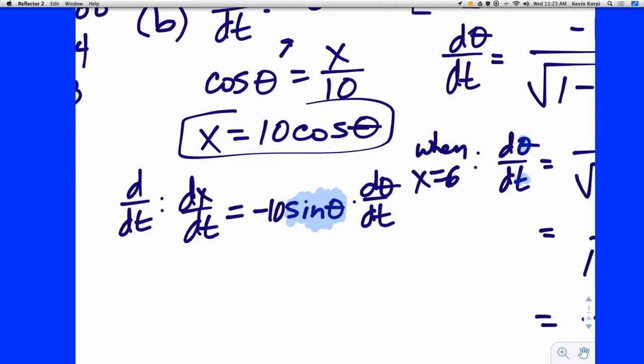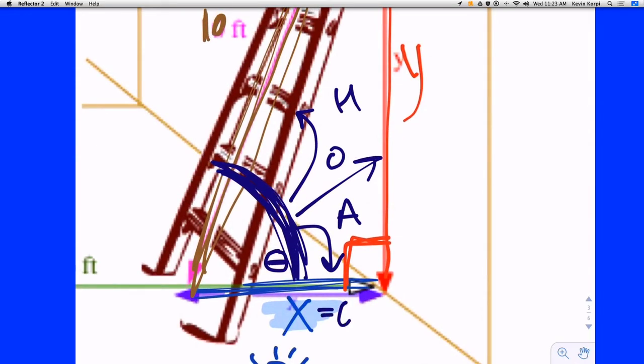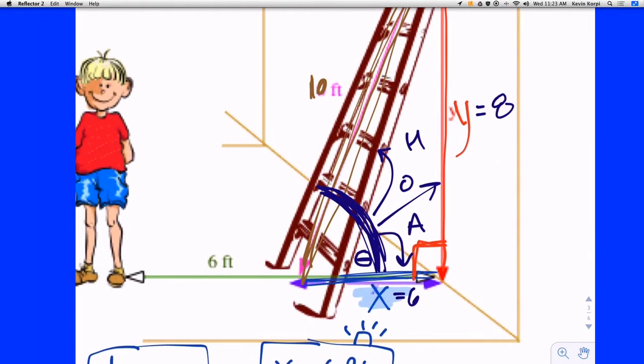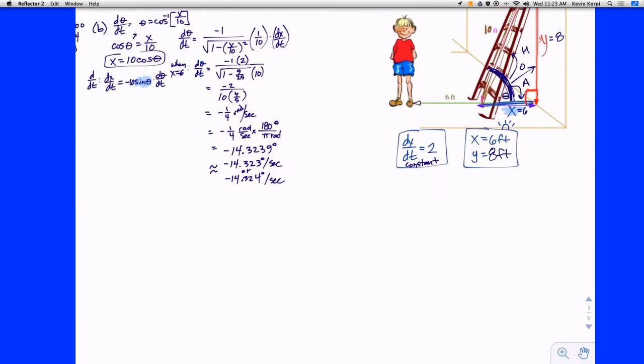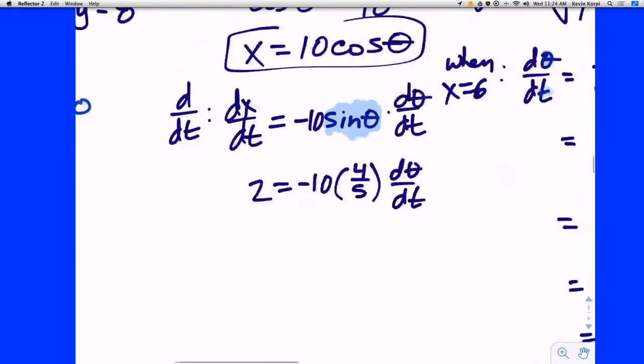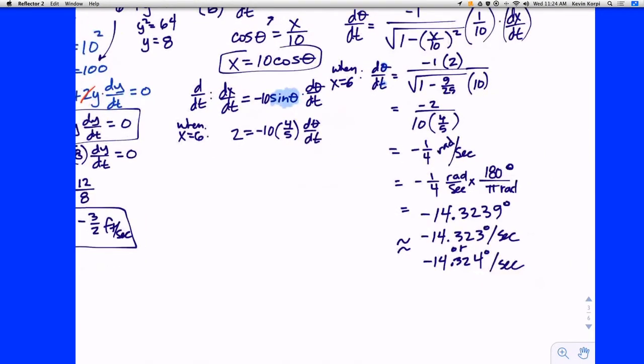And if you come back over here to this picture, at the moment x is 6, y was 8, all you would need is the sine ratio, and the sine ratio would be 8/10, which is also known as 4/5. So then you could plug it in here and get 2 equals negative 10 times 4/5 times d theta/dt. And that makes the math just a little bit easier, but it works just the same. Okay? Cool. At any rate, we got the answer for that.